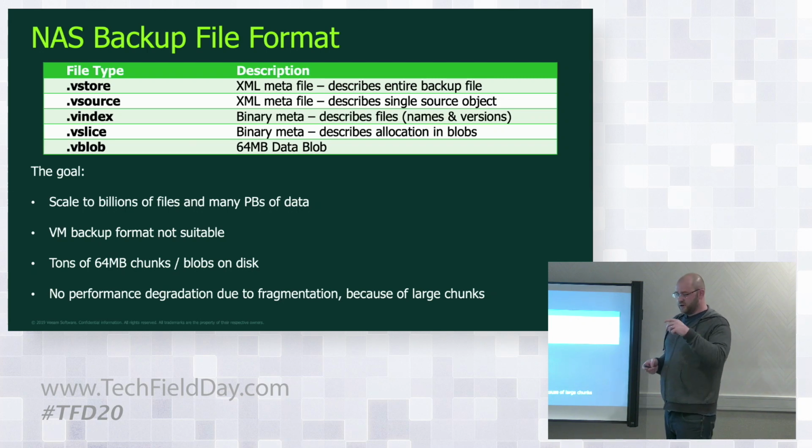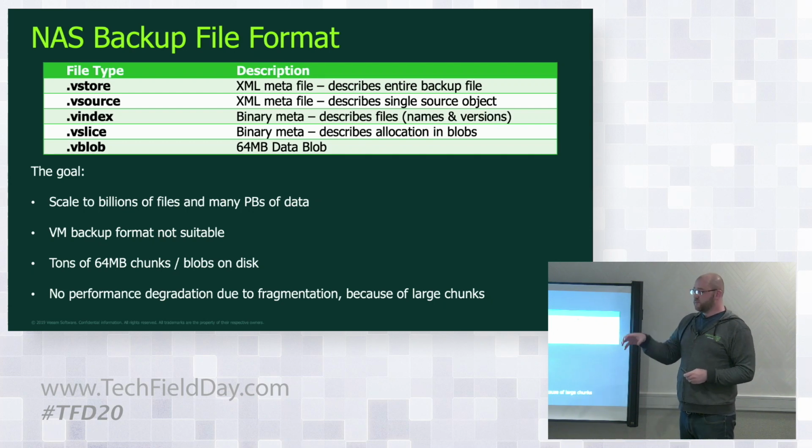If we were to open up a Veeam NAS backup, you'd have those multiple 64 meg chunks. We do have smarts that understand what that repository is. If it's a simple repository and a version is aged out, we can go in there and take it out of that block. We can manipulate that file.